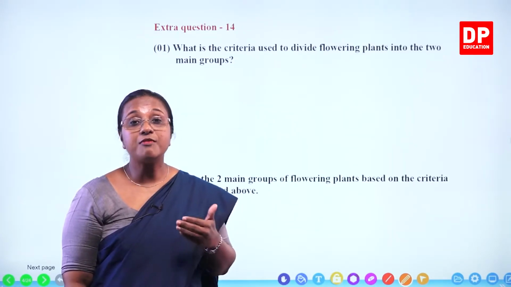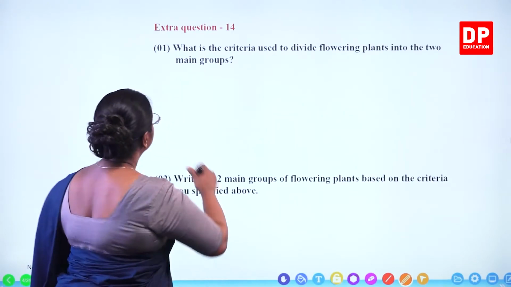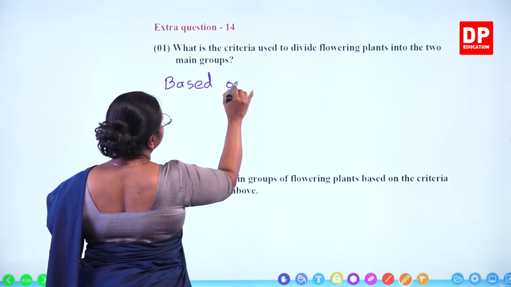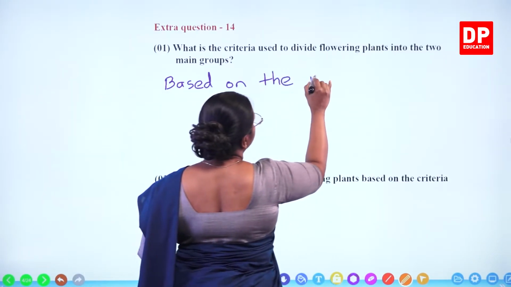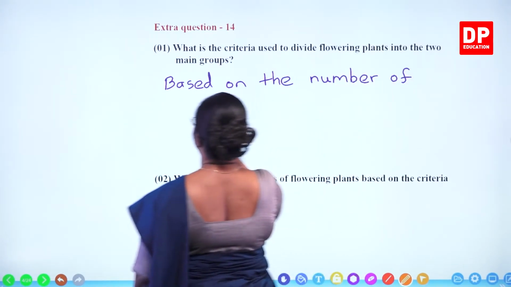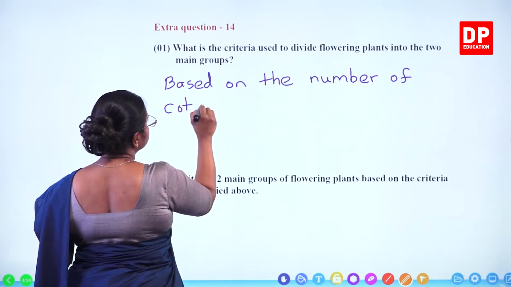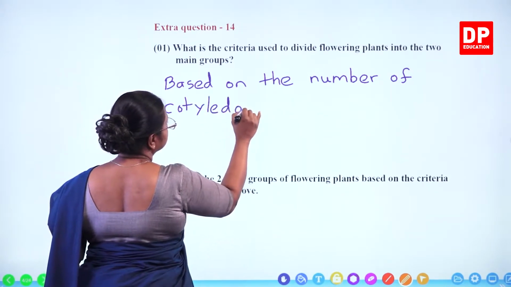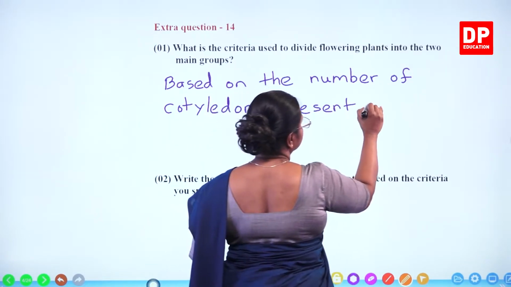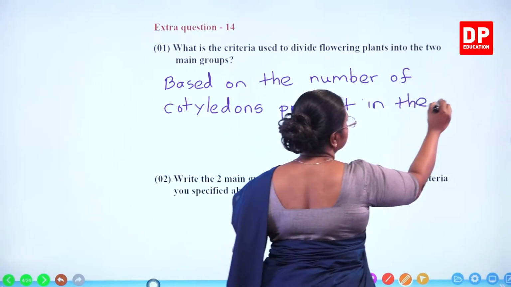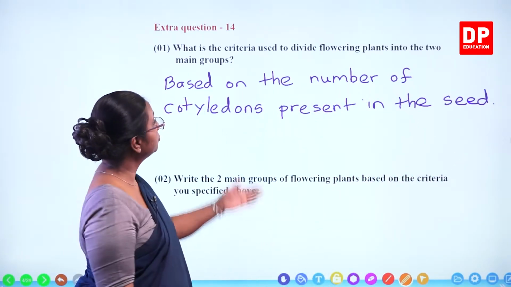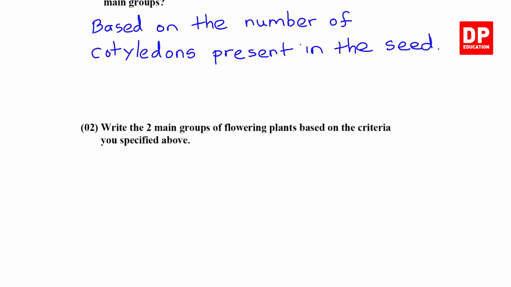Based on the number of cotyledons present in the seed. So that is the criteria used to classify these organisms.